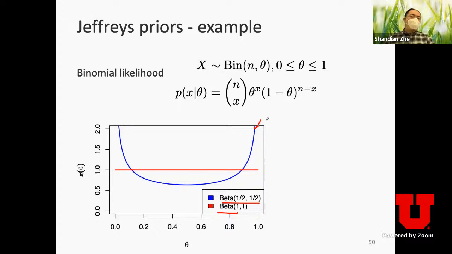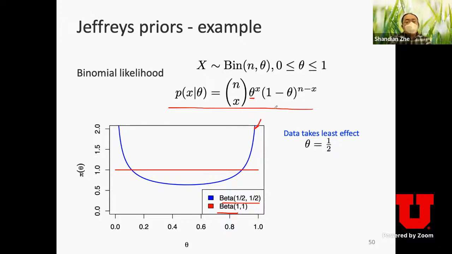But what's the benefit of the Jeffreys prior? Now we need to look at the likelihood itself. If we look at the binomial likelihood, we find that if theta takes values around half, no matter how x, the observation, varies, the likelihood value nearly doesn't change at all.